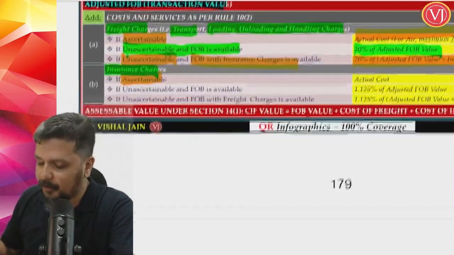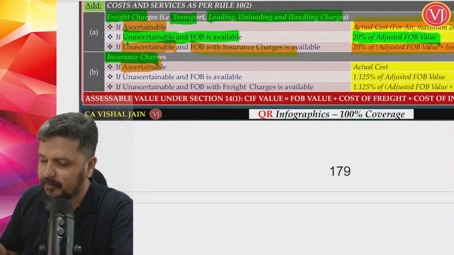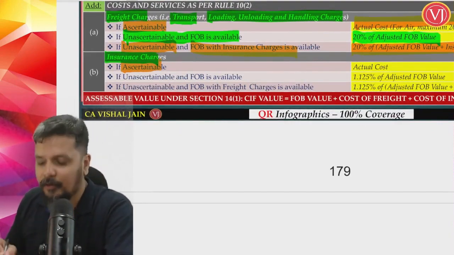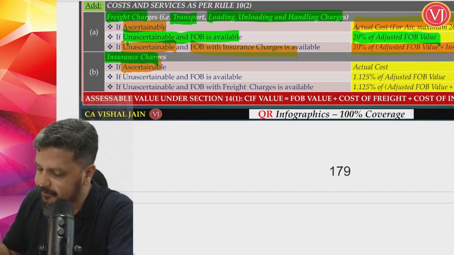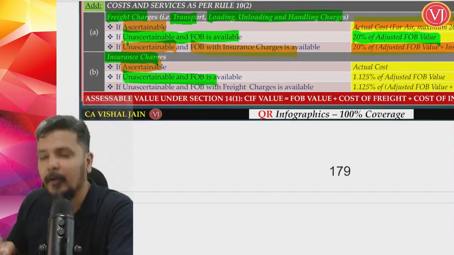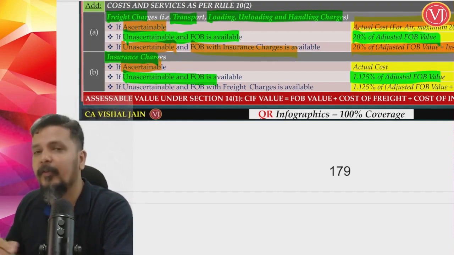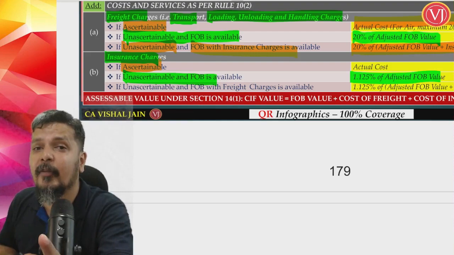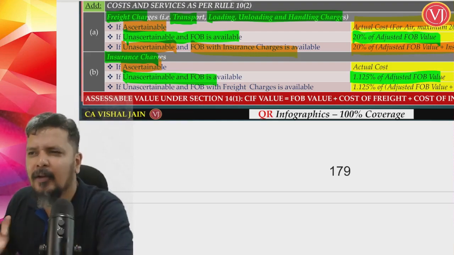Now what about insurance? If you know the insurance, go with the actual value of insurance. If you are not sure of the insurance, but you know the FOB, go with 1.125% of adjusted FOB. What is this adjusted FOB? FOB plus 10(1), no freight and all.